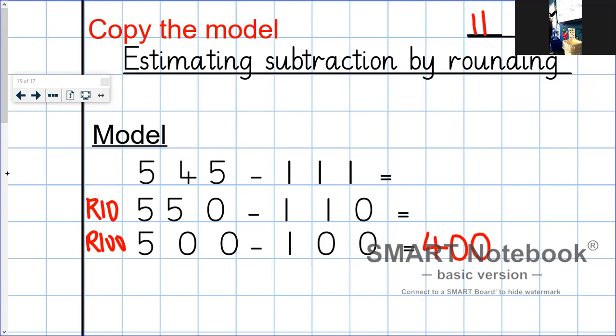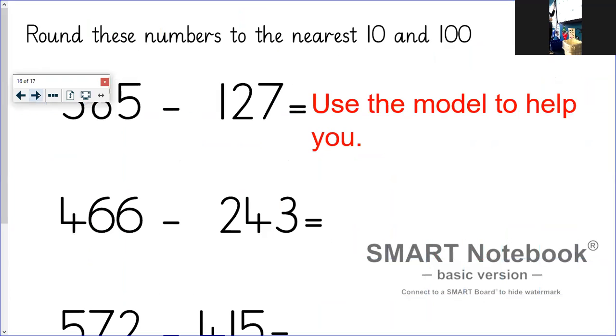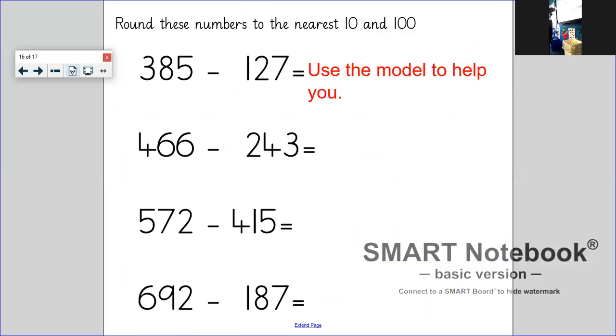Okay, welcome back. The model should be copied into your book beautifully. Let's have a look at the next page. So now you're going to use the model as you set it out to help you. I want you to write the number sentence, round to 10 and round to 100 every time, please.